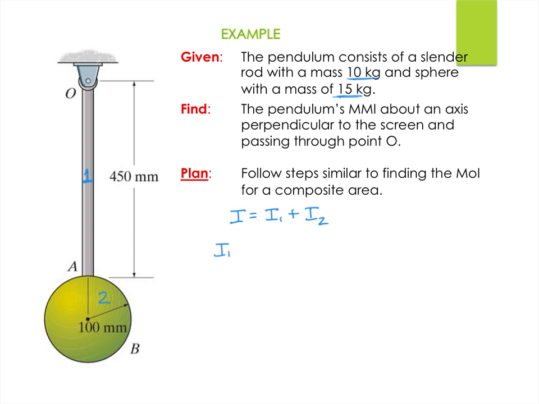Now I1 is the moment of inertia of the rod. The moment of inertia of the rod when the axis goes through the center is 1/12 ml squared. Using the parallel axis theorem, I've moved the axis from the center to the edge, where L over 2 is the distance. So I have m times L over 2 squared.